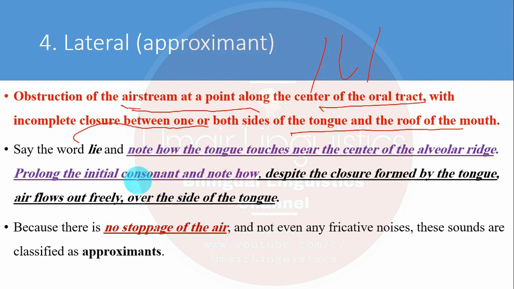So therefore there is an incomplete closure, and due to no stoppage of air and not even any fricative noise, these sounds are classified as approximants, because they are not like fricatives and there is no stoppage of air. So therefore they are called approximants.